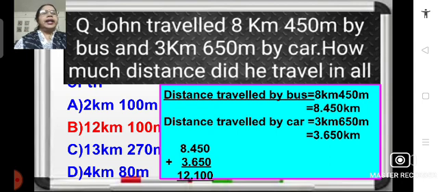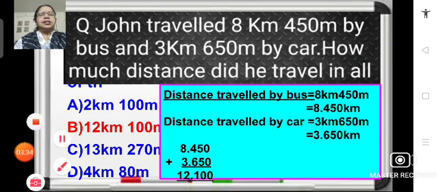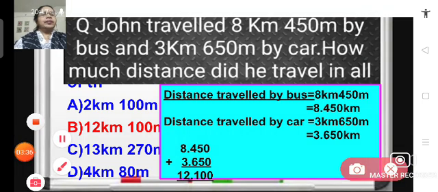John travelled 8 km 450 meter by bus and 3 km 650 meter by car. How much distance did he travel in all? That means we have to add both the distances, isn't it? So, distance travelled by bus is 8 km 450 meter, which means it is 8.450 kilometers, isn't it?